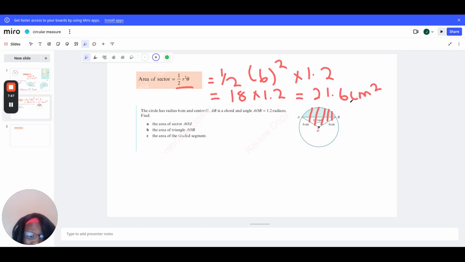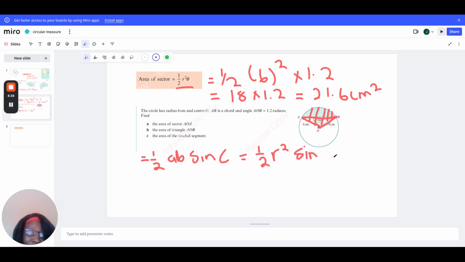Then we look at the area of this triangle inside here. You can use the sine rule, half ab sine C, and usually we just do half r squared sine C.